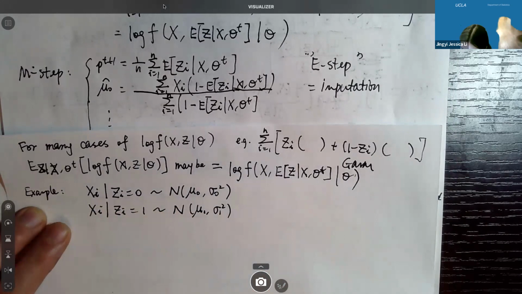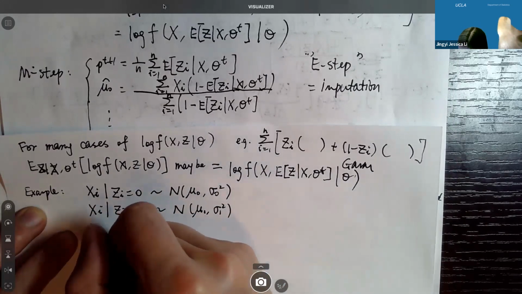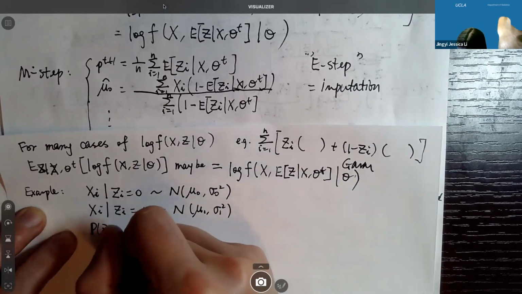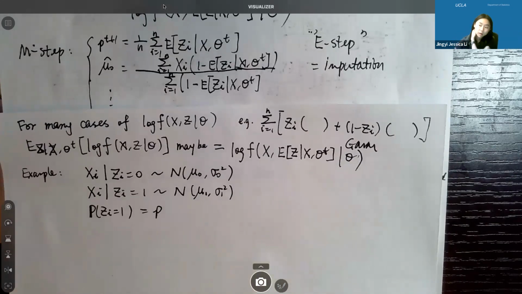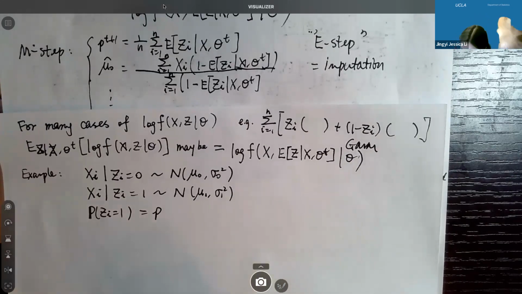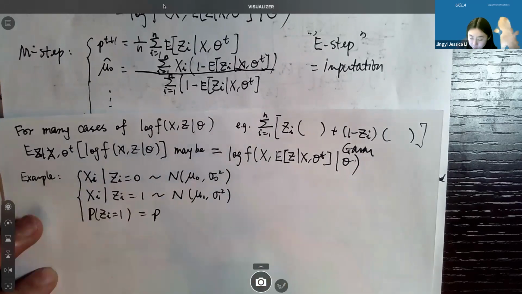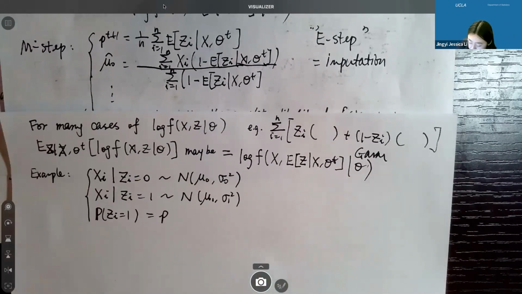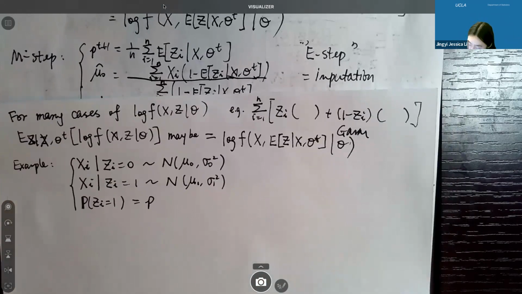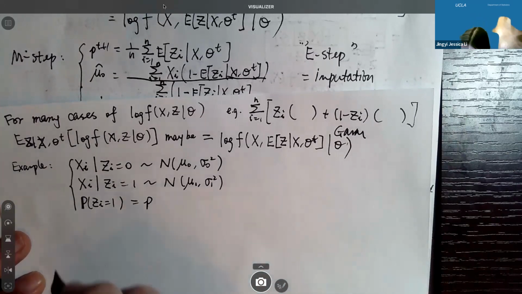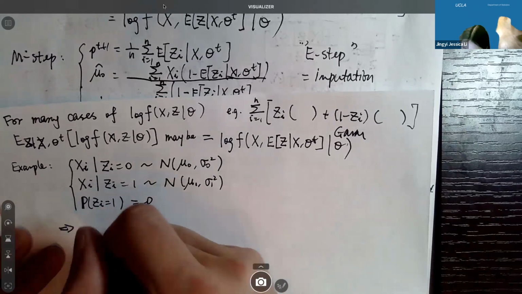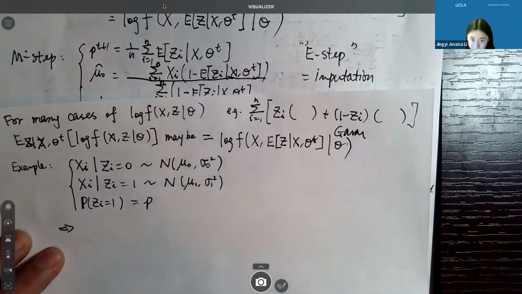And finally, the probability of zi equals 1 is equal to p. So this is the whole model, and we have 5 parameters. With those 5 parameters, we can fully specify this model. So given this model, we can derive the joint distribution of x, z as well as the conditional distribution of zi given xi and some current parameter value.